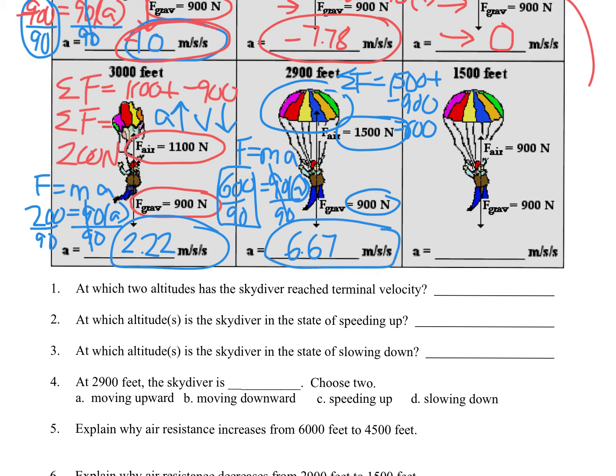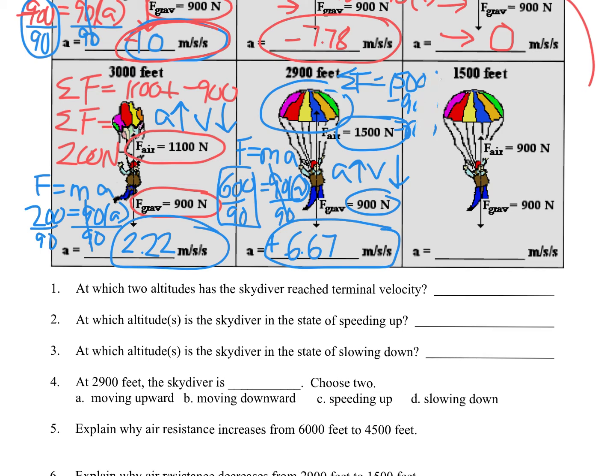Now, what does that mean? Remember, since this is positive, the acceleration is in the upward direction, but you're still falling. So velocity is down. So are you speeding up or slowing down? That's right, you're slowing down yet again. So that's good. We don't want to fall too fast when we fall out of an airplane.